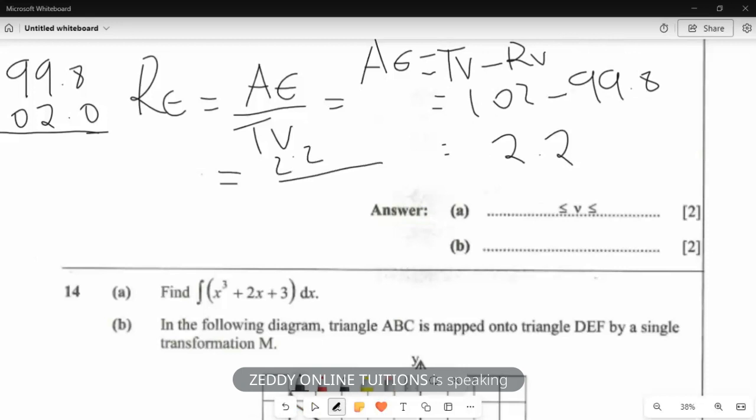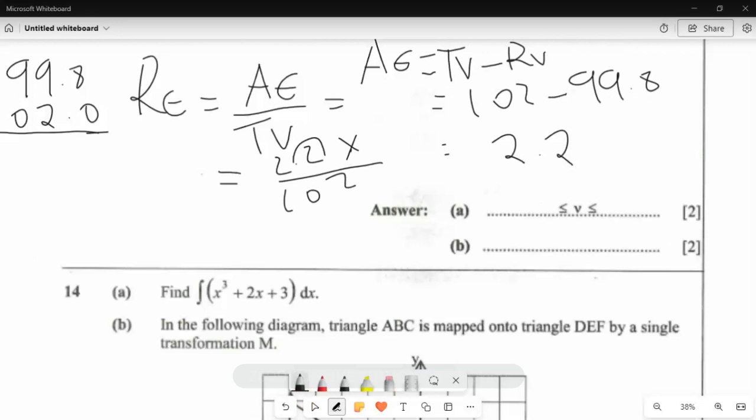The relative error is the absolute error over 102, right? So what we are going to do is multiply this by 10 because we want to get rid of the decimal.